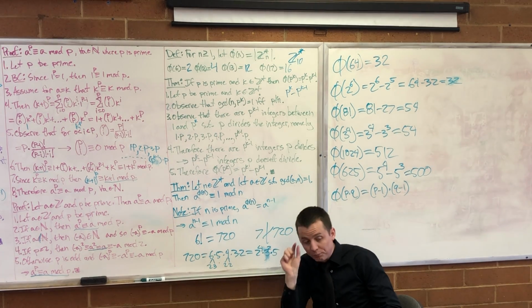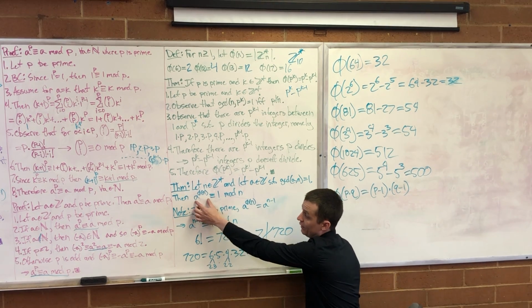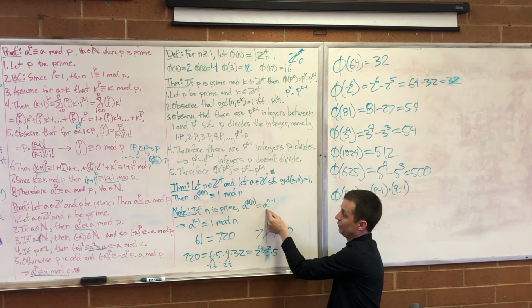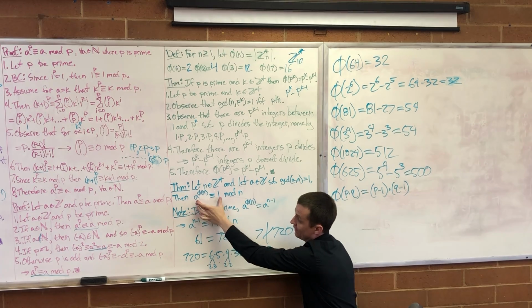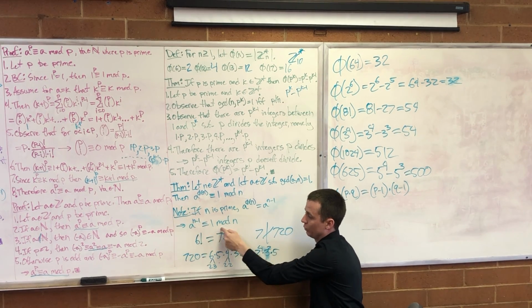Now notice in the special case where you pick n to be a prime number, then a to Euler's totient of n is the same thing as a to the n minus 1, right? So in the special case where you pick n to be a prime, you get a to the n minus 1 is congruent to 1 mod n.